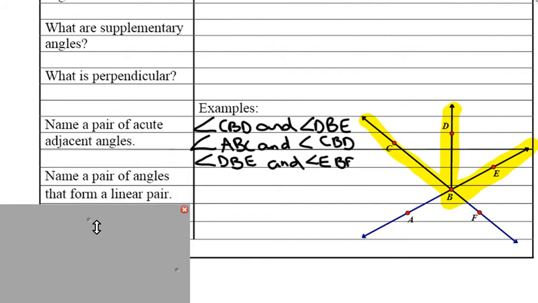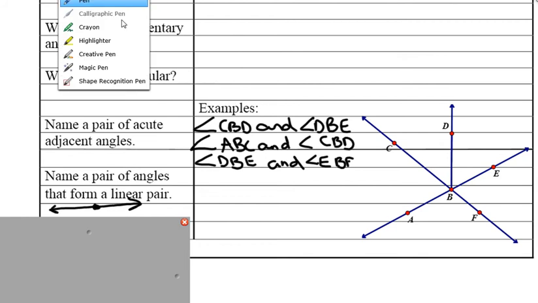Okay, the next question is I'd like for you to name a pair of angles that form a linear pair. So if you remember, a linear pair is formed by opposite rays and it forms a straight line. So you're looking for a point and then one ray going in one direction, another ray going in the other direction. And we can see that anytime you can pick out a straight line.